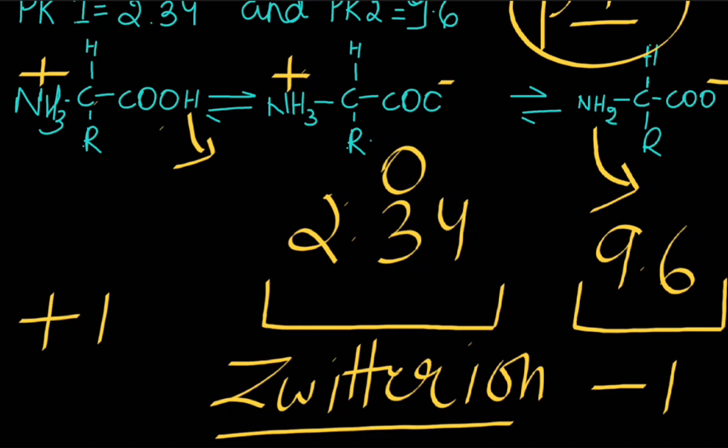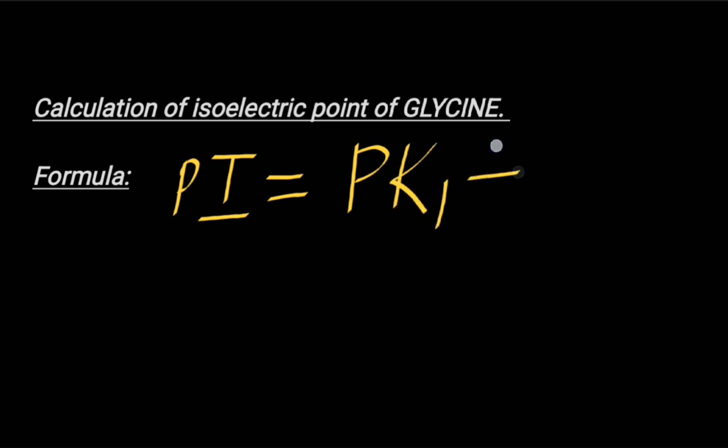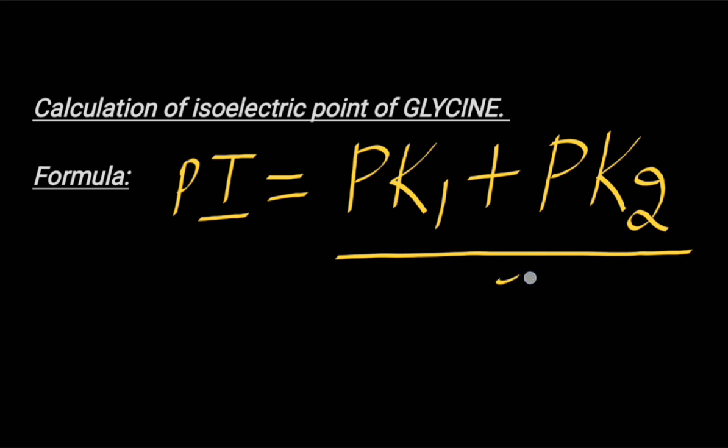Now if you want to find the isoelectric point, the point where the charge of the amino acid becomes 0, let us apply the formula. We add the pK1 value and the pK2 value and divide by 2.